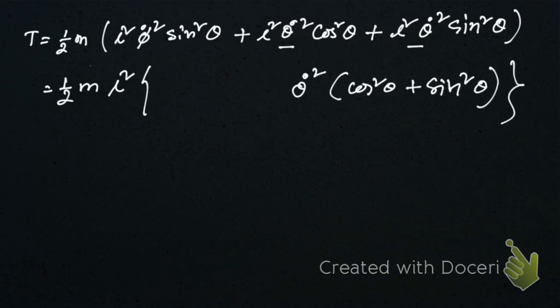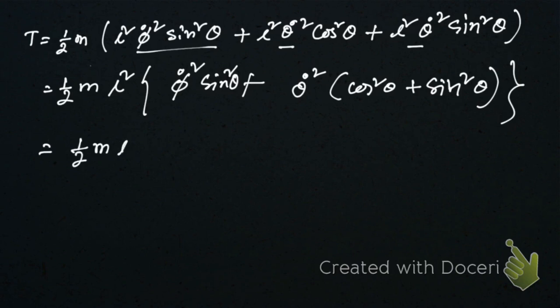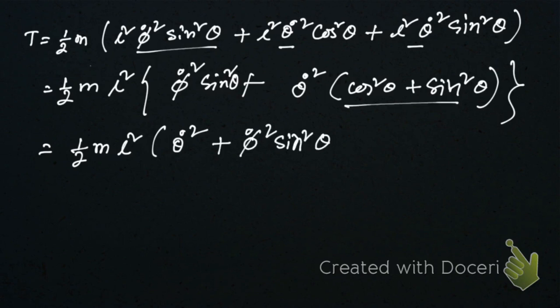And then here we have phi dot square sin square theta. We have got this one. So now it can be written as half m L square, theta dot square, this becomes 1, plus phi dot square sin square theta, right?